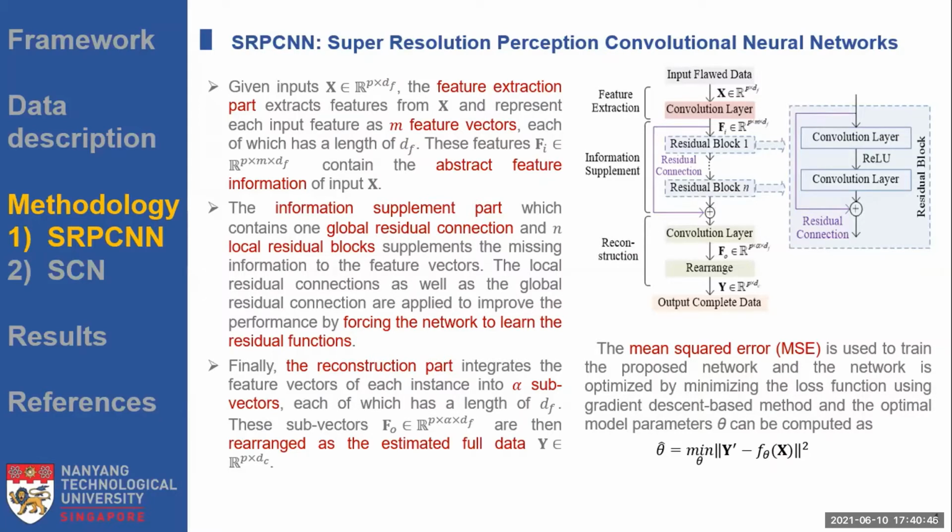The reconstruction part reconstructs the feature vectors of each instance into f sub-vectors, each of which has a length of df. These vectors are then rearranged as the estimated flow data. The mean squared error, the MSE, is used to train the SRP-CNN, and the network parameters are optimized using these formulas. This is the residual error between the estimated flow data and the true flow data.